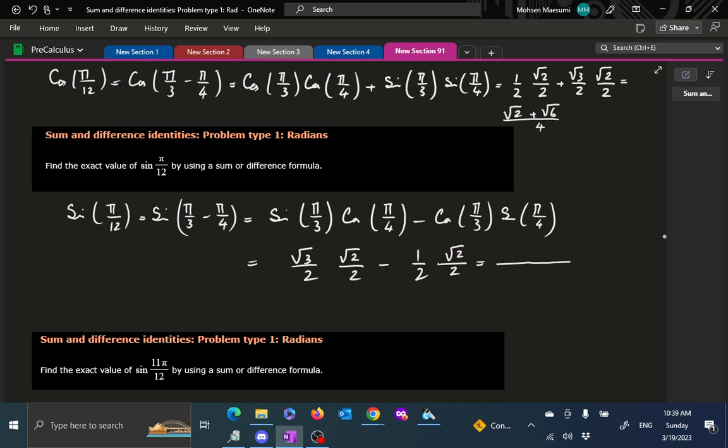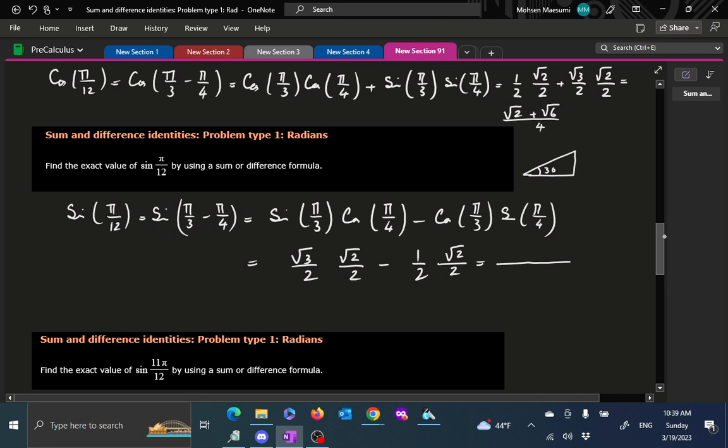What I recommend that you do is to memorize these 3 triangles. That's a lot easier than memorizing that table. So for 30 and 60, it's going to be 2, 1, radical 3.